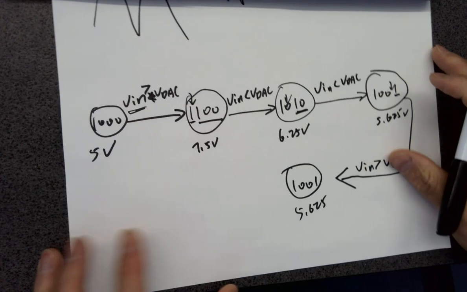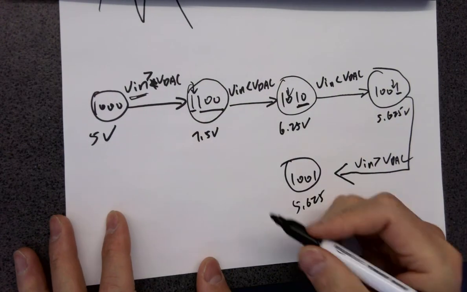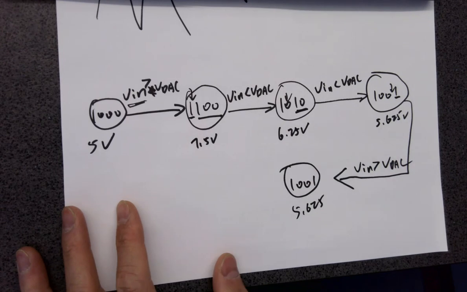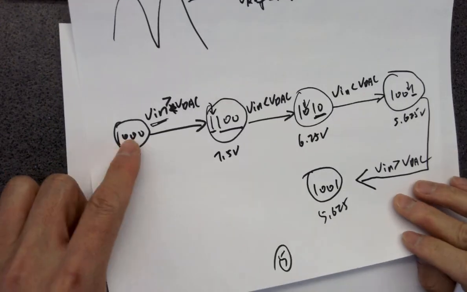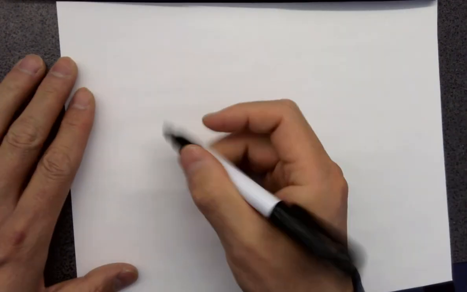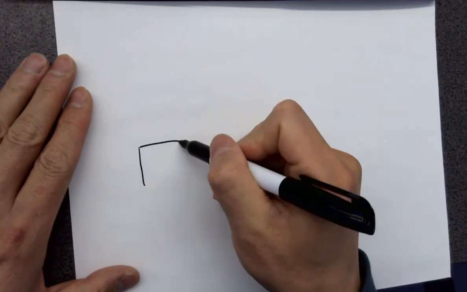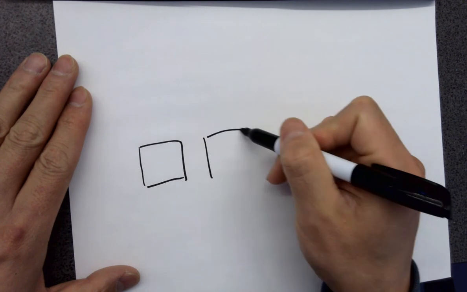Now let's see how to implement this algorithm in circuit, in hardware. It seems that we have to create this first. So we need 5 D flip-flops.